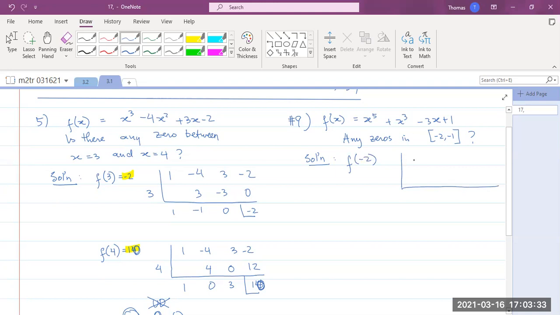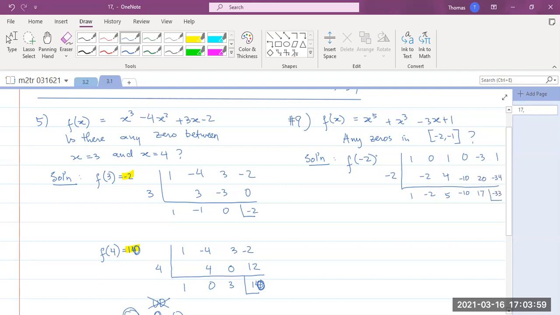Okay, 1x to the fifth, 0x to the fourth, 1x cubed, 0x squared, -3x plus 1. -2 here. -33.